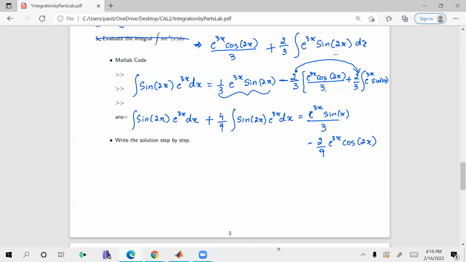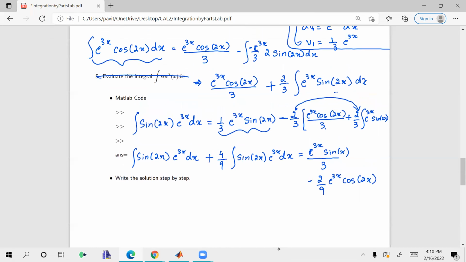I know it's a bit confusing, but you might have to try it again and again until you get that point. Okay, remember, you will be applying integration by parts twice. Now, if you keep on applying, it will go on and on. So what do you do?